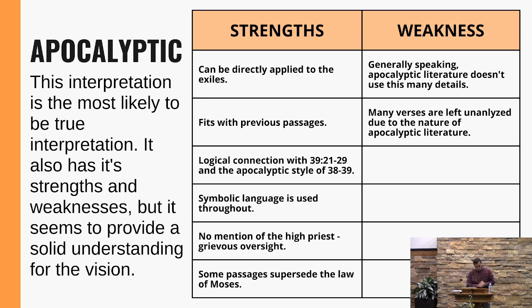Ezekiel used figurative and symbolic language throughout. In fact, multiple times it mentions he was taken up in a vision. Right? In a vision he saw. In chapter 47, verses 1 through 6, we see the water flowing through the temple. And this, to me, is an indication of the reality of the apocalyptic writing, because if you have a temple that God has designed, there will not be any issues or problems with it, correct?